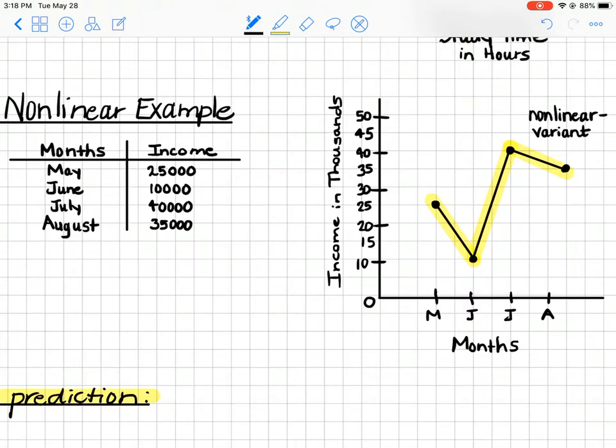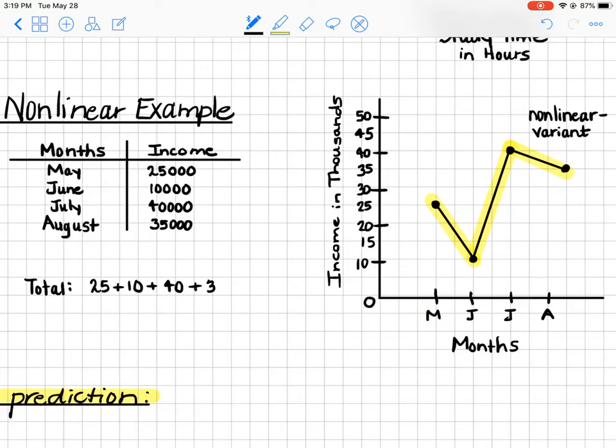So what if I wanted to get his total income? We know it's variant. We know it's bouncing around everywhere. But how would you get the total? Well, you would have to say 25, and I'm leaving off all the zeros because it's all in thousands, 10, 40, and 35.